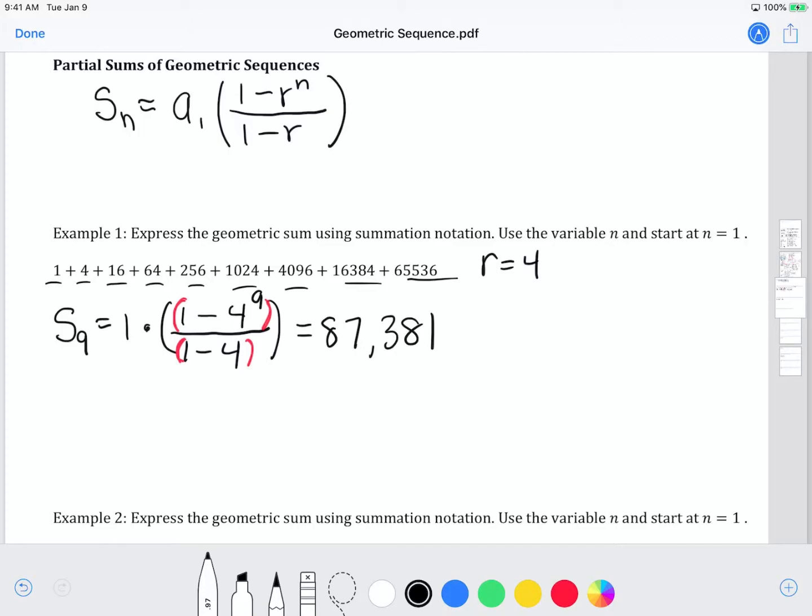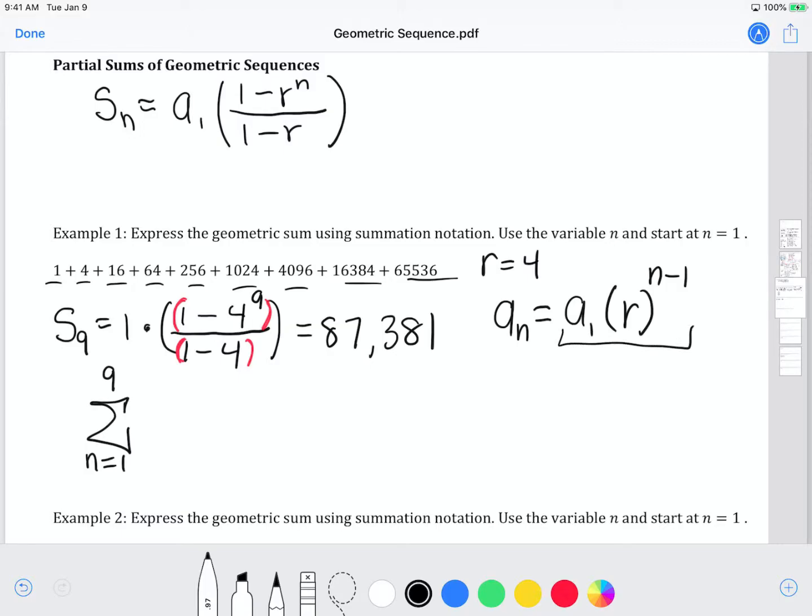Now, to use the summation notation, we are going to start at n equals 1, and we're going to add up the first 9 terms. So we're going to start at 1 and stop at 9. And then the geometric sequence, the nth term, just as a refresher, an is equal to a1 r to the n minus 1. So we have to put in our nth term so that it can generate each of those terms and add them up.